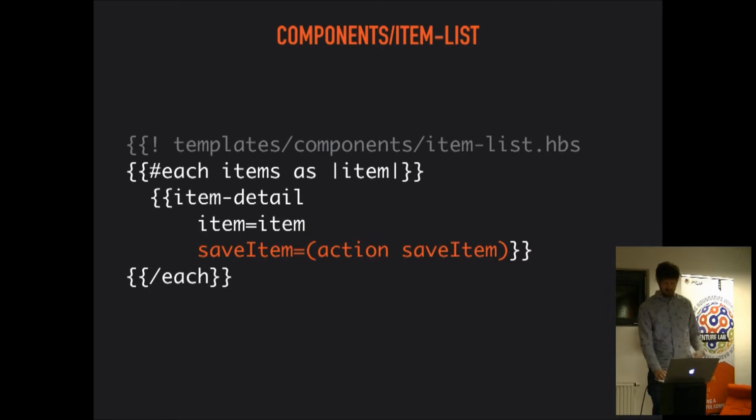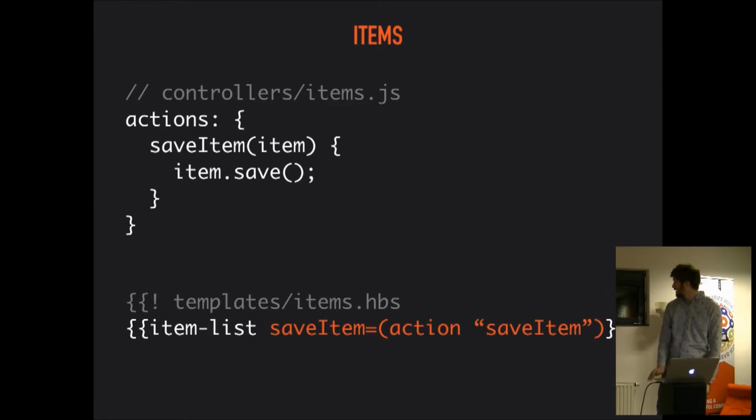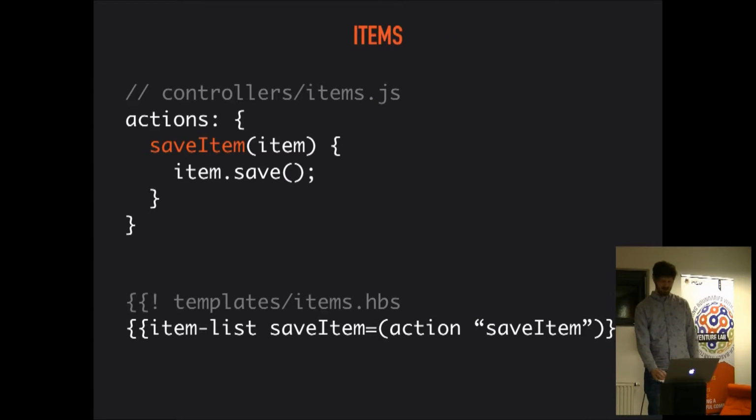So there's nothing in our component.js. So we go up, and then we're here, and then the save item action is called, and then that's it. So that's way easier than classic actions. You don't have to call send action each time you go up.